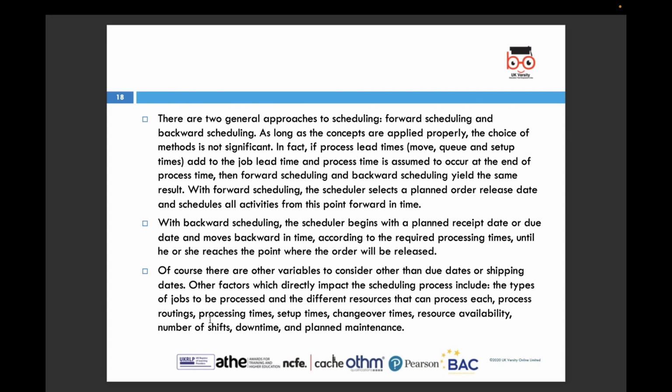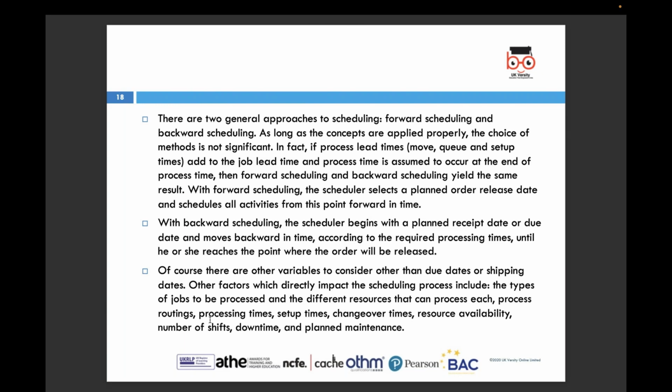On the other hand, we have backward scheduling. In this approach, the scheduler starts with the planned receipt date or due date, which represents the time when the order needs to be completed or delivered. Working backward in time, the scheduler takes into account the required processing times for each activity until reaching the point where the order will be released.